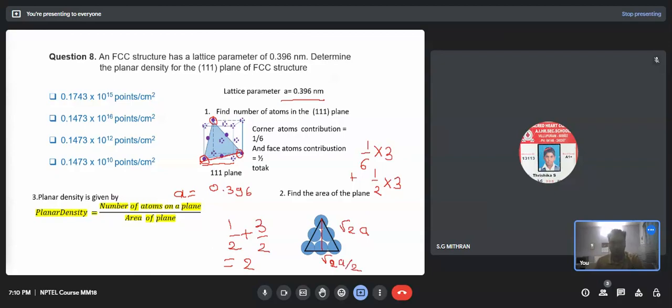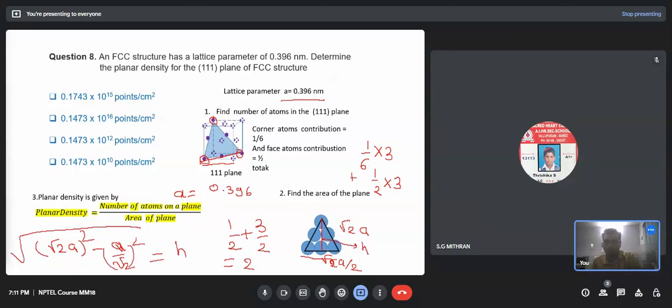Okay, so this value is a by root 2, so we divided by root 2. Now this value will be (root 2 a) whole square minus (a by root 2) whole square is equal to h, this height.